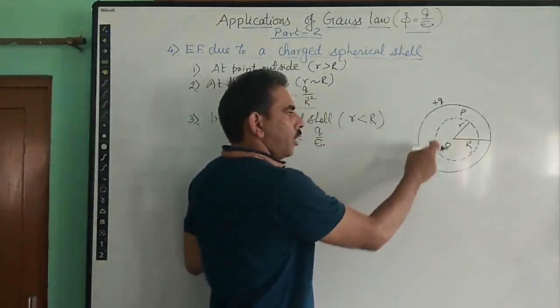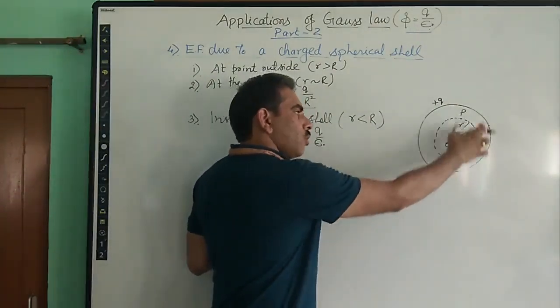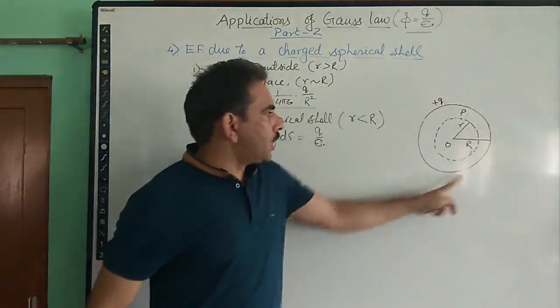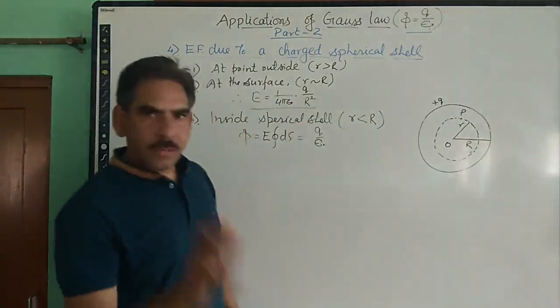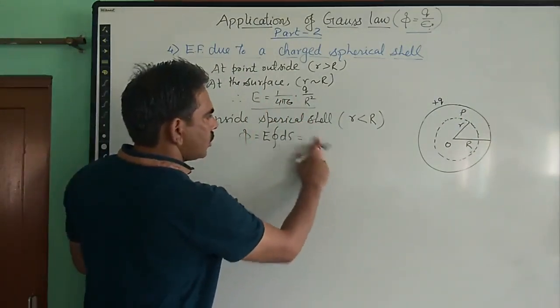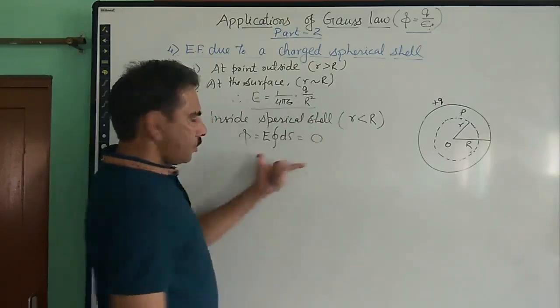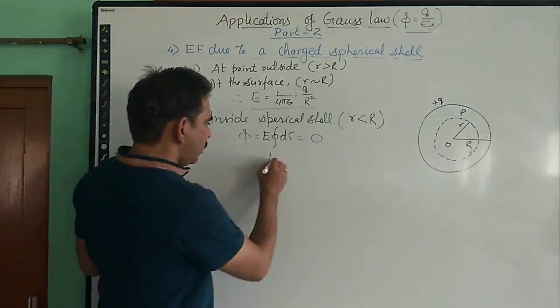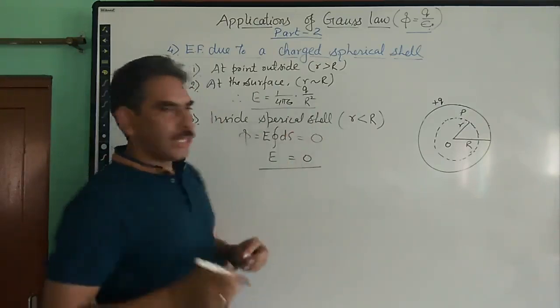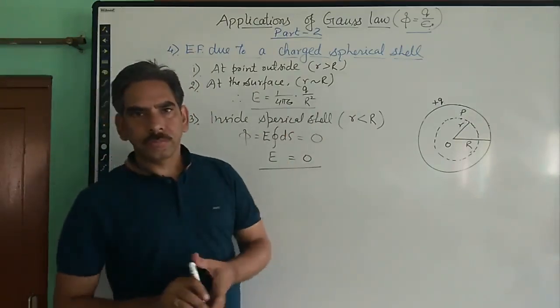So if we draw a Gaussian surface inside it, this Gaussian surface will enclose no charge, because charge is lying only on the surface. So from the Gauss law the total electric flux is 0, because charge enclosed is 0. So from here we can understand that the electric field inside the spherical shell will be 0.